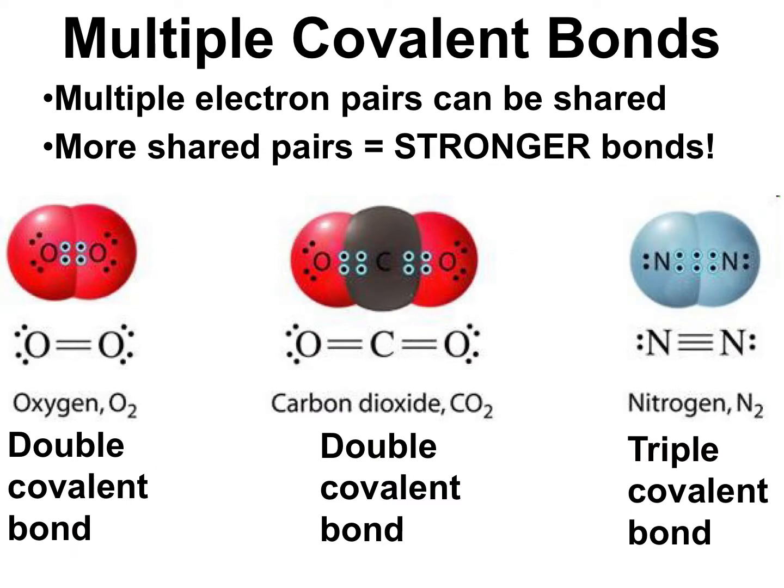Covalent bonds can actually get even stronger if the atoms share more than one pair of electrons. There can be double covalent bonds, like in oxygen gas and carbon dioxide, and even triple covalent bonds, like in nitrogen gas right here.